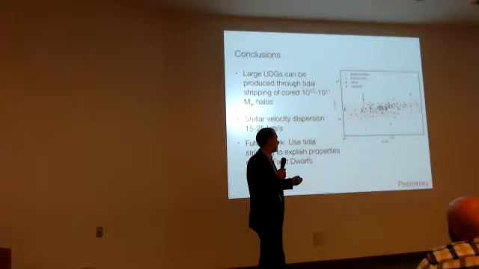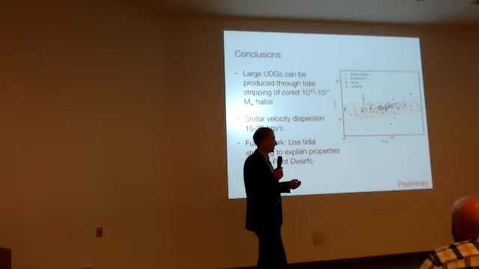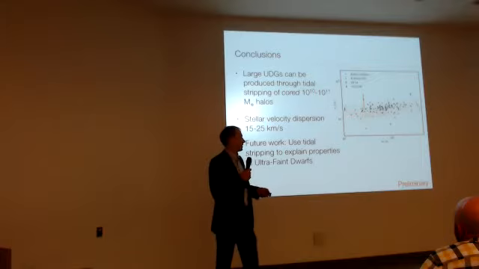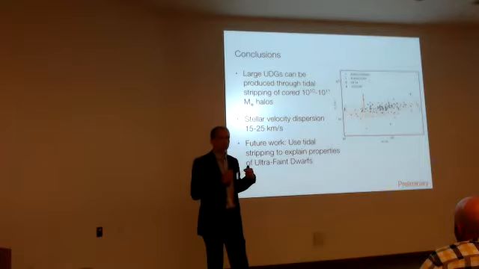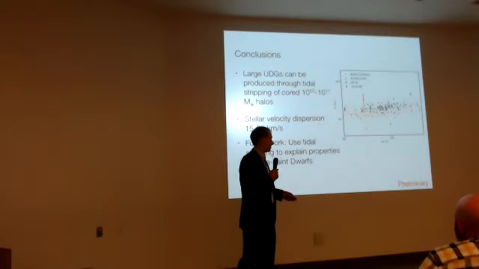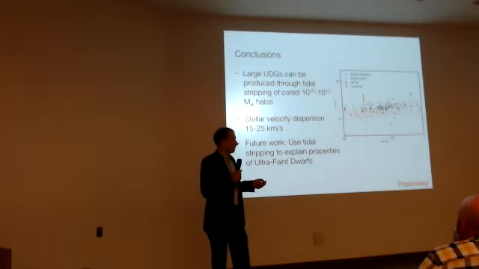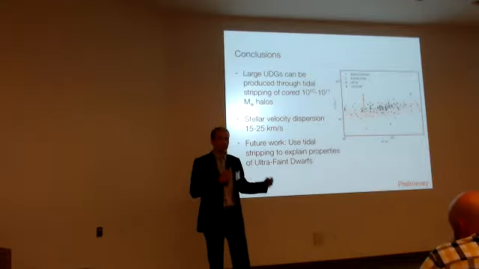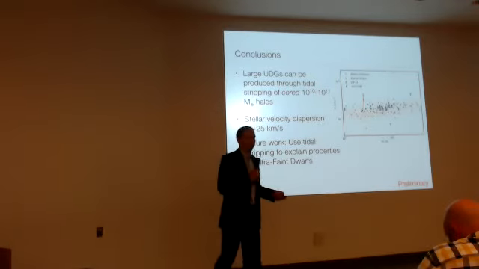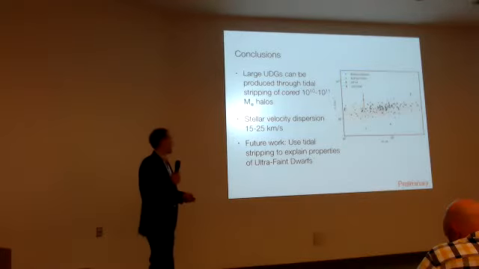While it's not on the level of Dragonfly 44 with its high velocity dispersion, it's a little bit higher than the average stellar velocity dispersion at that given stellar mass, because if you're using the stellar velocity dispersion to measure the mass, it's at the half-light radius, and there's significantly more mass within the large half-light radius in these halos.